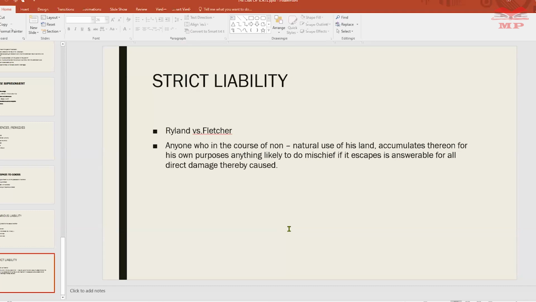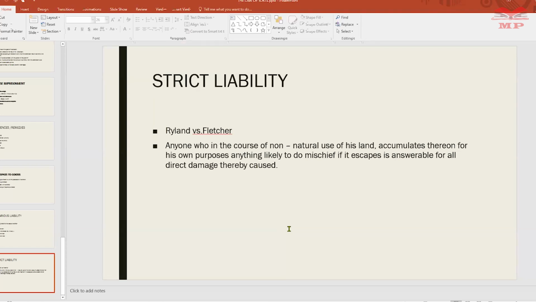And for strict liability, we talk of the Rylands versus Fletcher case. In this, the defendant owned a mill and constructed a reservoir on their land. The reservoir was placed over a mine, whose passages communicated with the disused mine of the plaintiff. The defendant was not aware of this fact and therefore took no precaution against it.